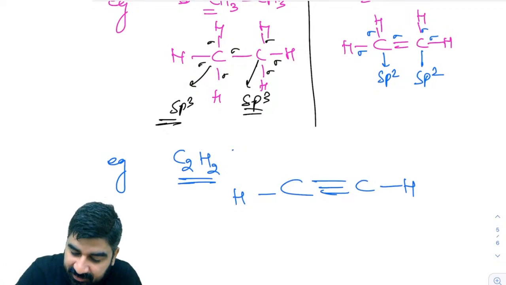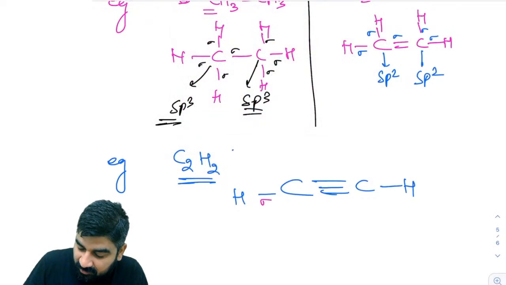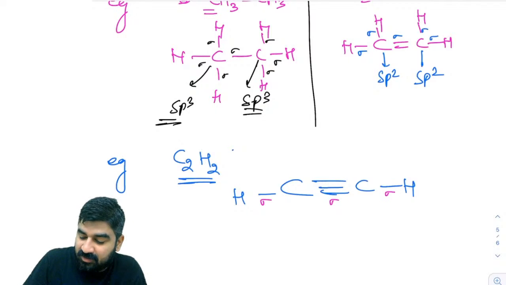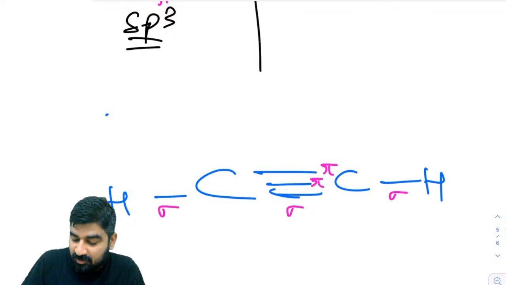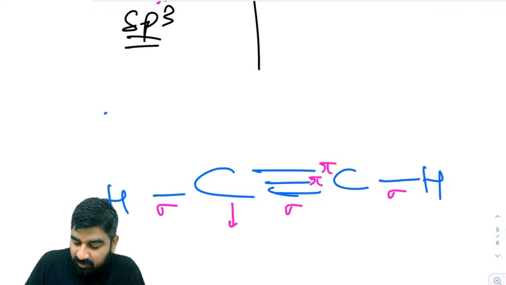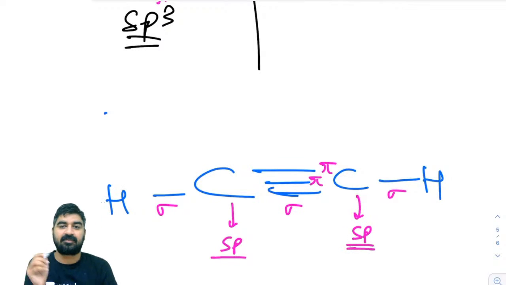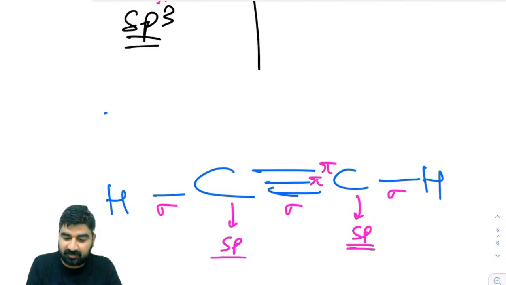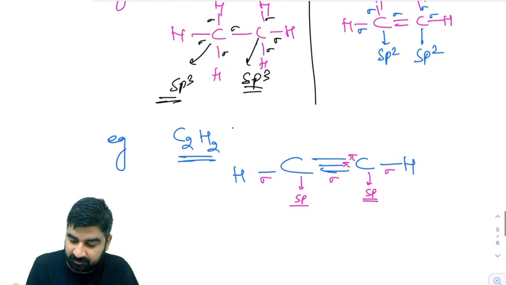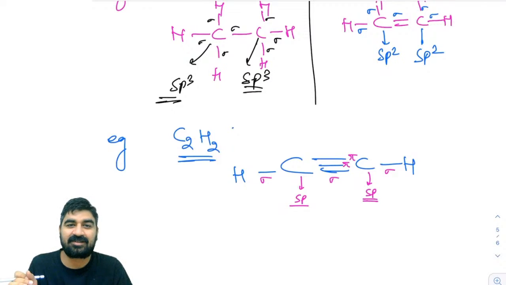And once you are doing it, guys, what you are going to get then? So 1 sigma, 2 sigma, 1 sigma. So this carbon, this is pi, right? So in this case, this carbon is making 2 sigma, so it will be sp. Any doubt, guys? Please ask me. No doubts? Got it?